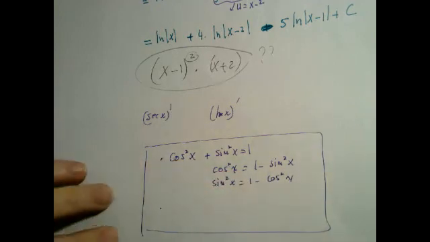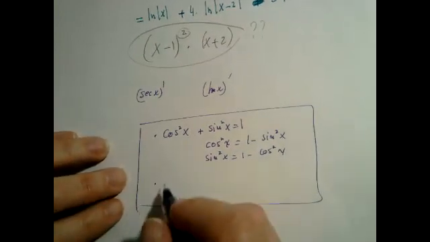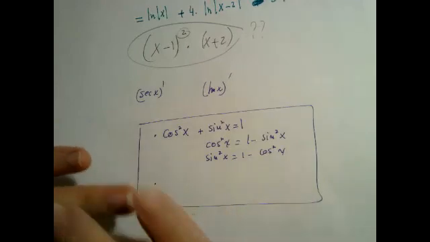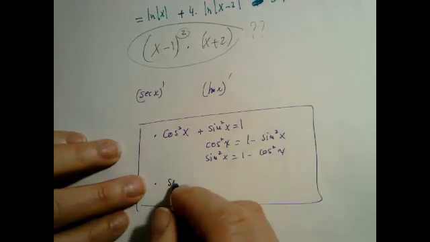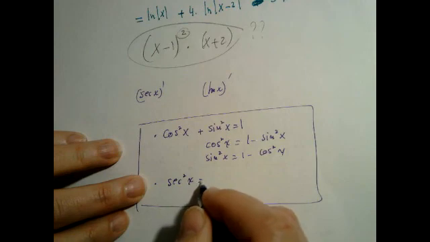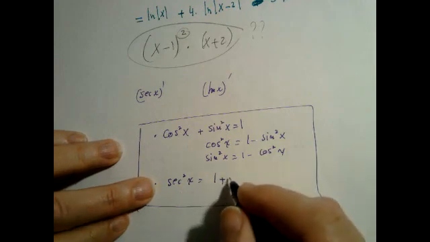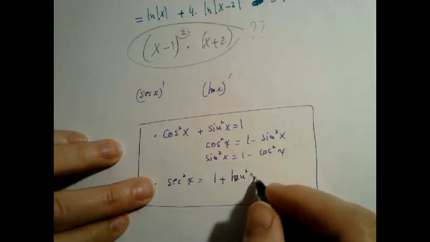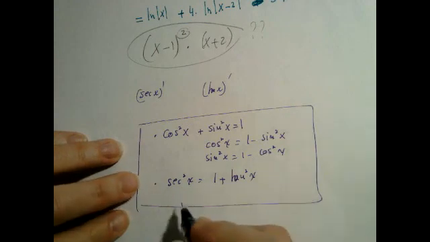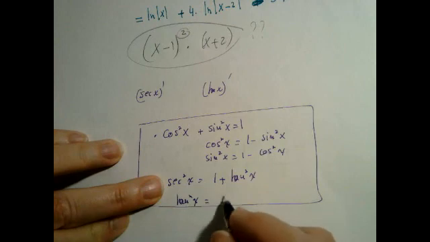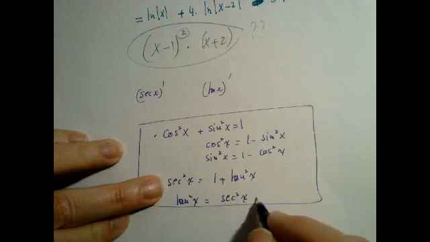The other formula I expect you to know for tomorrow is the relationship between secant and tangent, because this is another one of those that you need to know. Secant squared is the same as 1 plus tangent squared, which gives you tangent squared equals secant squared minus 1.